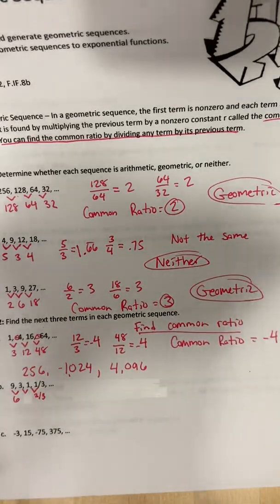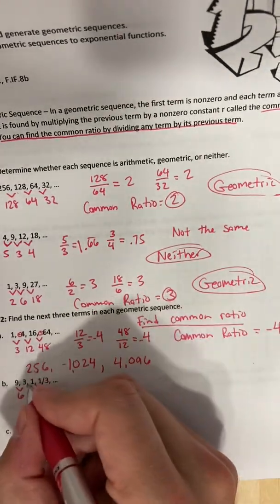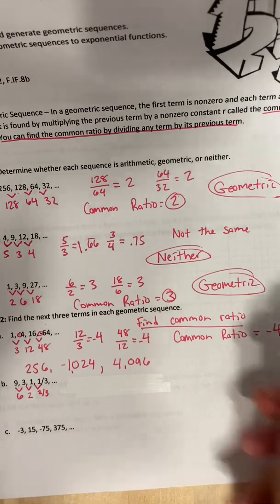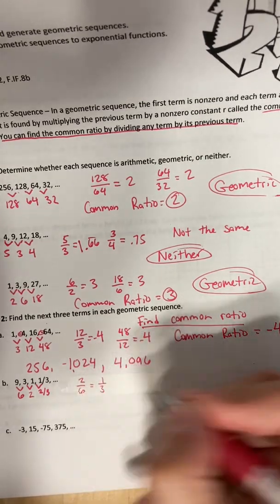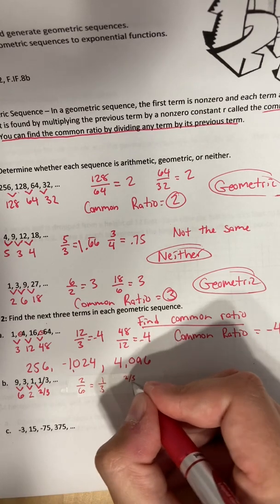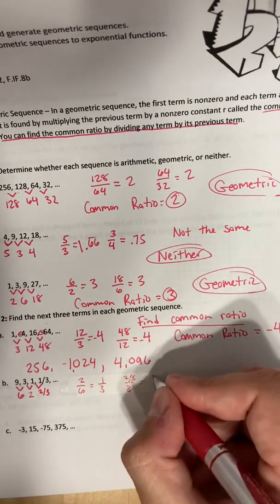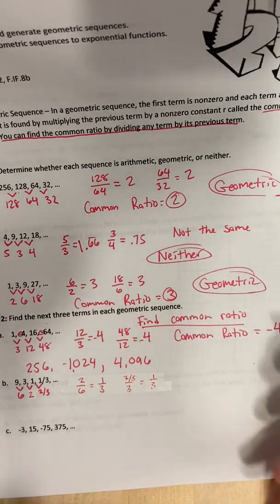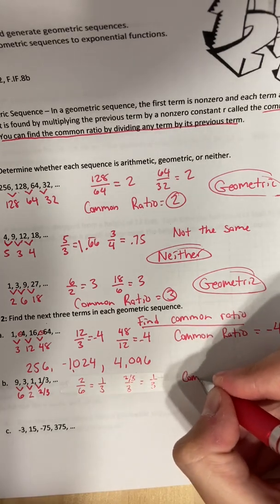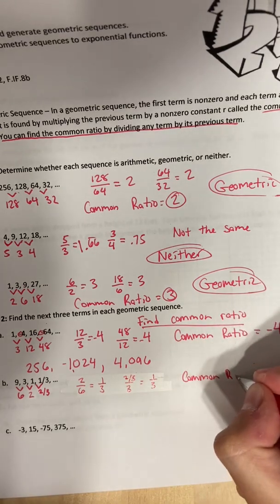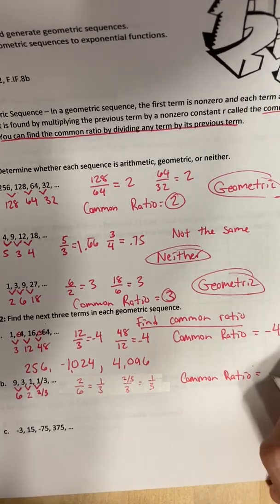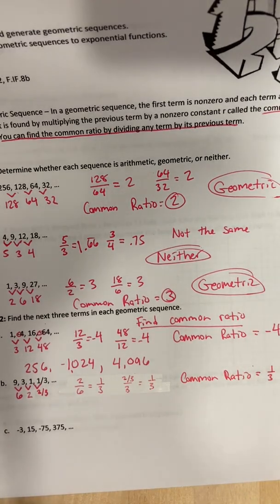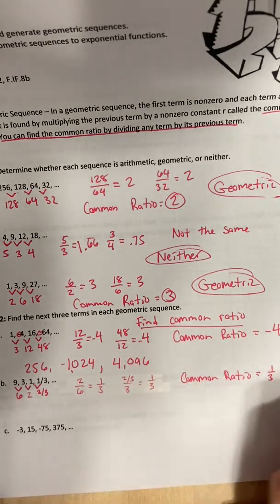Even I make mistakes. The difference here is 2, right? So now let's do 2 divided by 6, we get 1/3, and 2/3 divided by 3, you also get 1/3. So our common ratio is going to be 1/3.